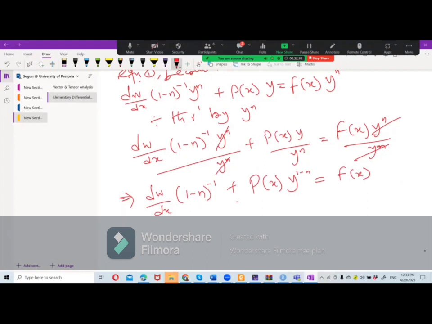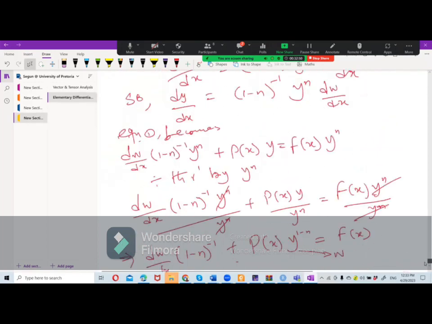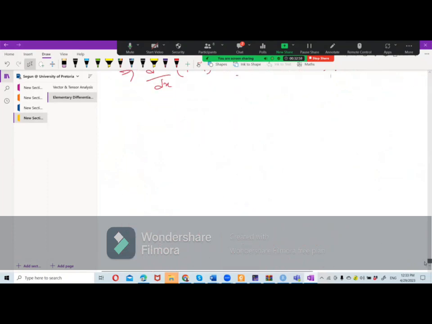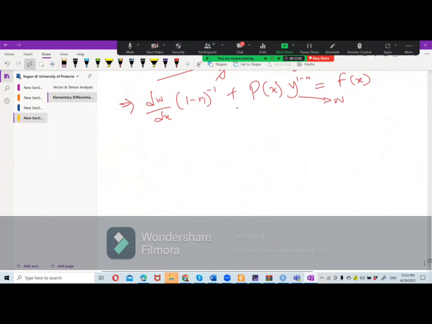You recall that this is the same thing as w. Do you agree with me? If you go to our w up here, we said let w equal y raised to power 1 minus n. So it simply implies that dw/dx into 1 minus n raised to power minus 1.